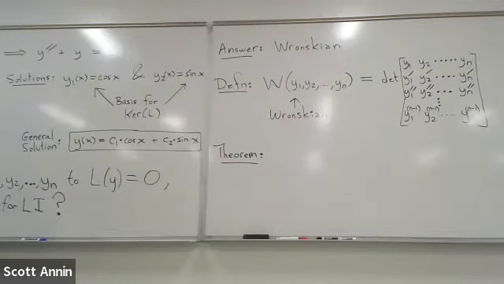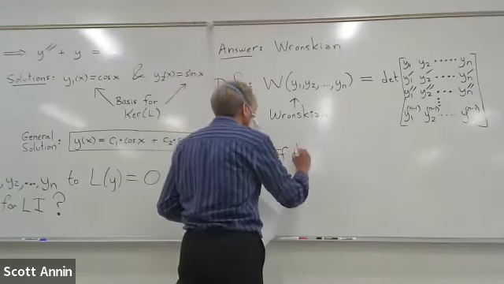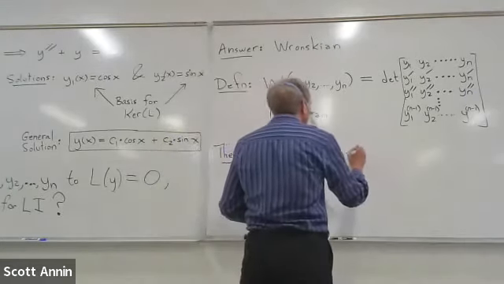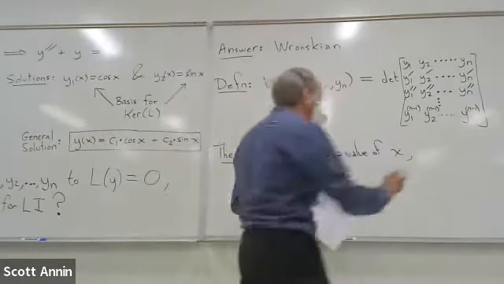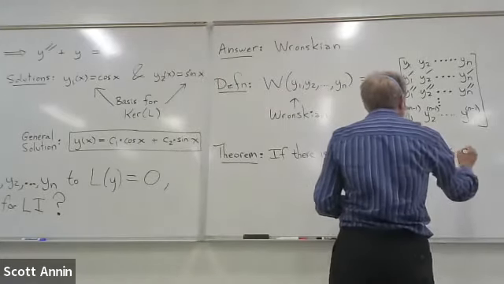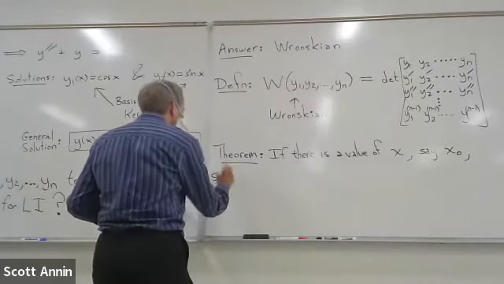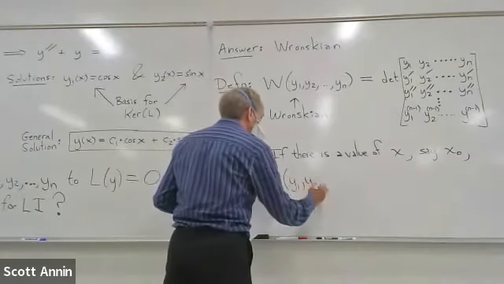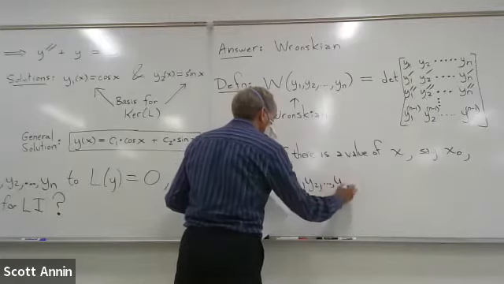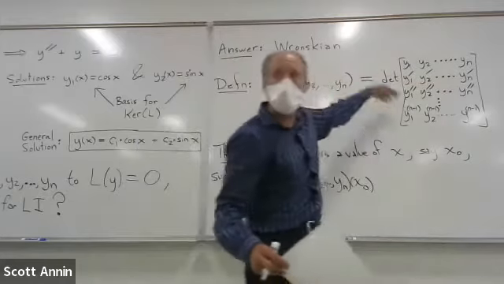So let's write it down. Here is the theorem, guys. If there is a value of x, let's call it x naught, such that the Wronskian W of y1, y2, dot, dot, dot, yn at x naught is not 0, remember, the x is just the variable appearing in the matrix.